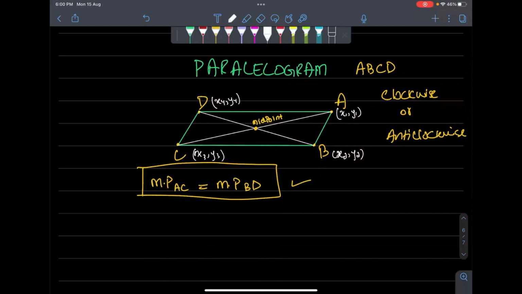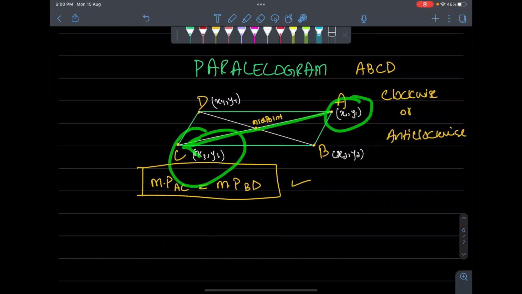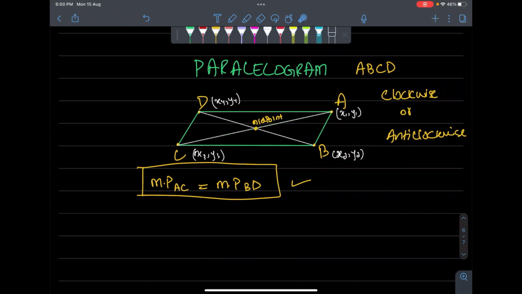I will do one question right now. Okay? What you need to understand is, if this is x1, then x3 will be diagonally opposite. x3 will be opposite to it. Do you understand what I'm saying?